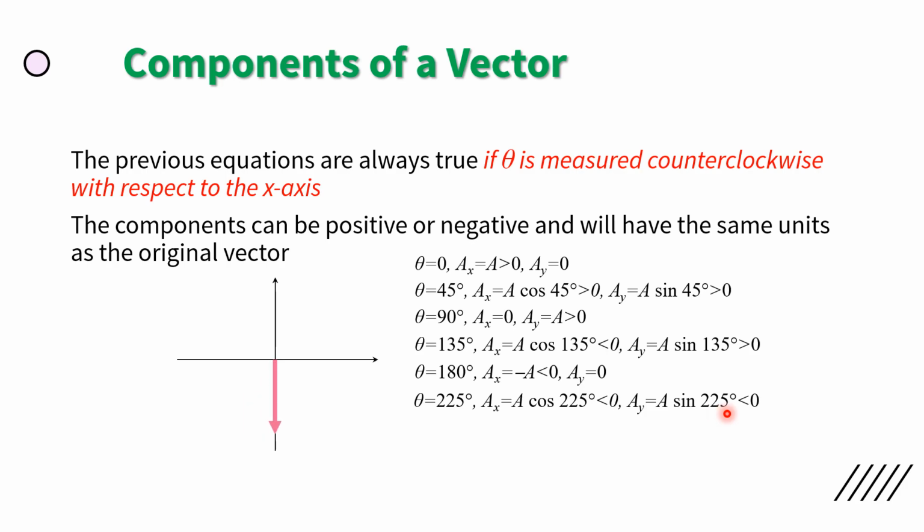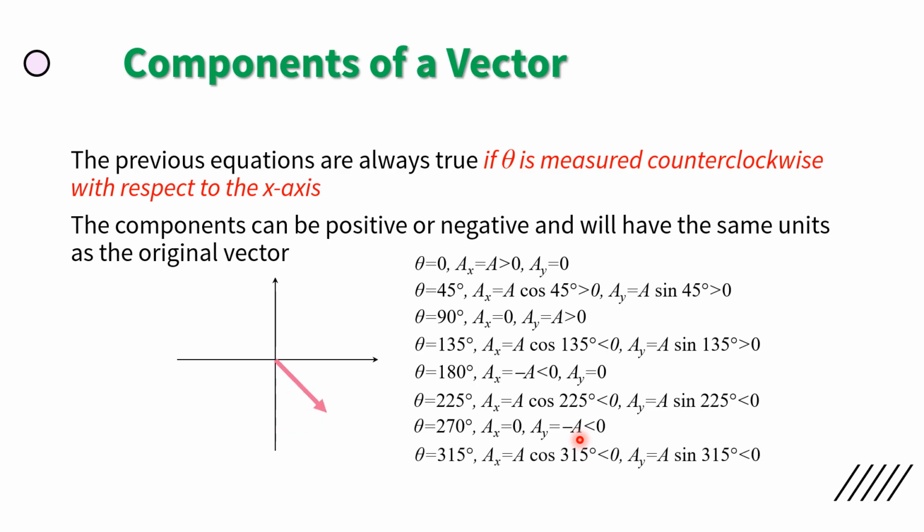And then here, we have theta equals 270 degrees. A sub x equals 0, and a sub y is equal to the negative of the magnitude of a. And then here we have theta equals 315 degrees, wherein a sub x equals a cosine 315 degrees, and a sub y equals a sine 315 degrees.